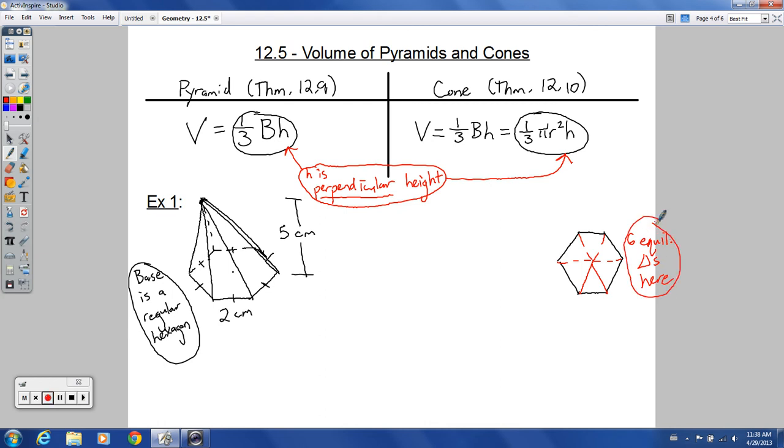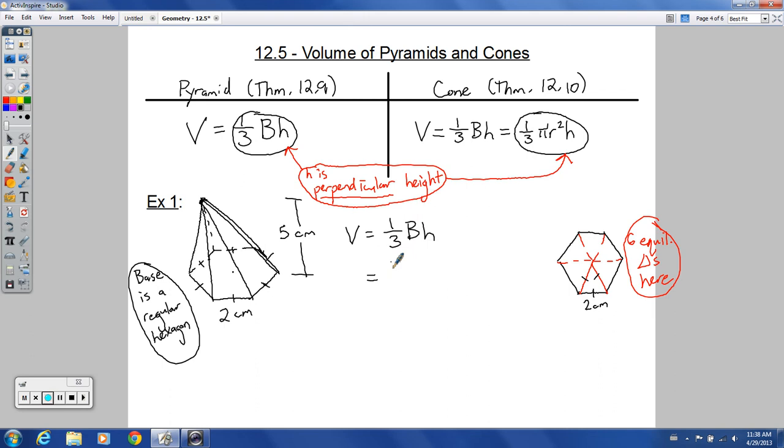And therefore, we can take what we know. We know that these would all be the same here, here, and here. This is 2 centimeters. We found the area of one particular triangle there multiplied by 6. Then we'd have the area of that whole hexagon, the area of the whole capital B, base, the area of the base. And so this volume is going to equal 1/3 times B times H.